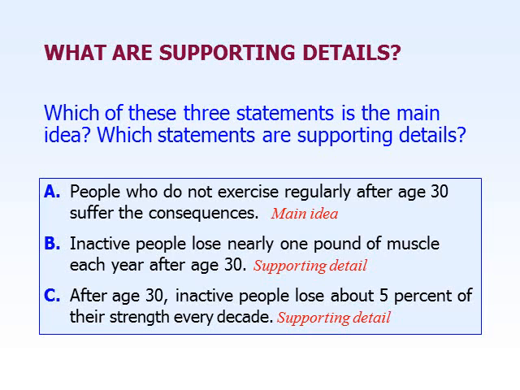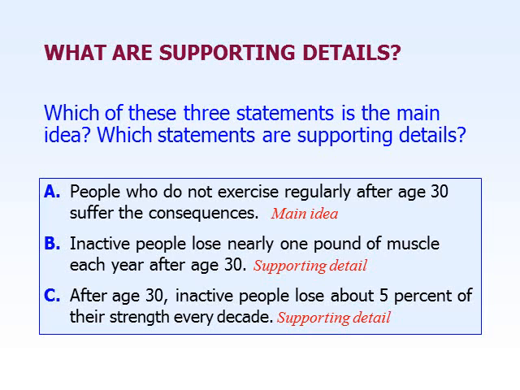There's a couple of tricks that we can use for finding the supporting detail. One of them is to look for specific numbers, and this one makes it a little bit tricky because we have age 30 there. That's a specific number, so you might be tricked and say, well, the first one has a specific number. But the thing is that all of them have that same thing, after age 30, after age 30, after age 30.